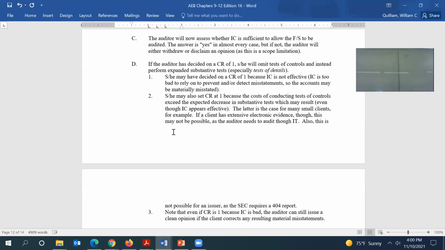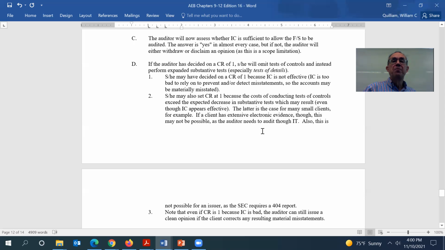And second, where we think the preliminary value can be below 100%. Well, I said preliminary value. We're going to have to come up with a final value of control risk, of course. So let's see about this preliminary value. Well, the auditor decides upon a control risk of 1, and again, a preliminary value.